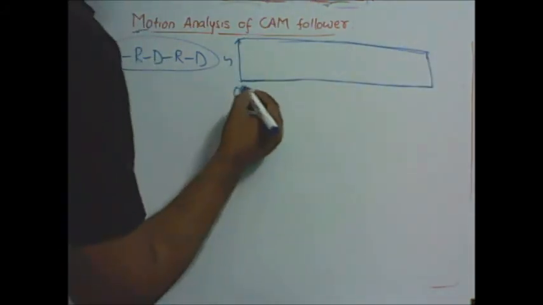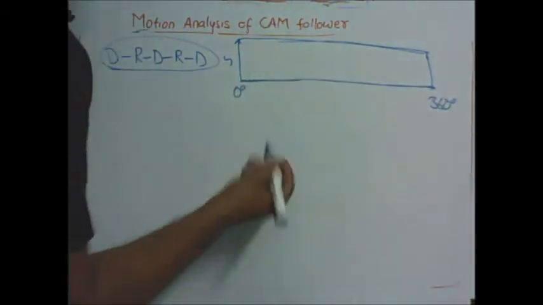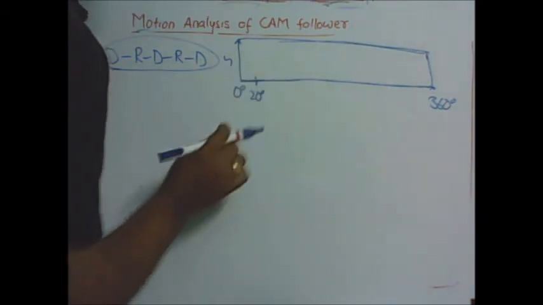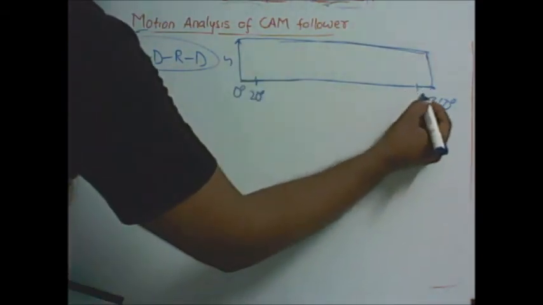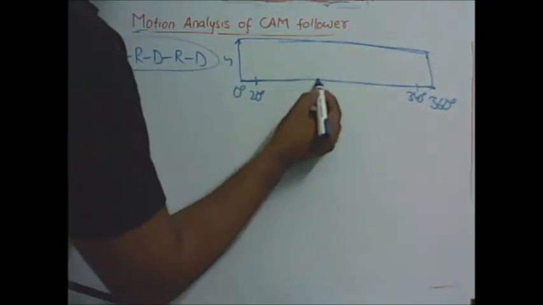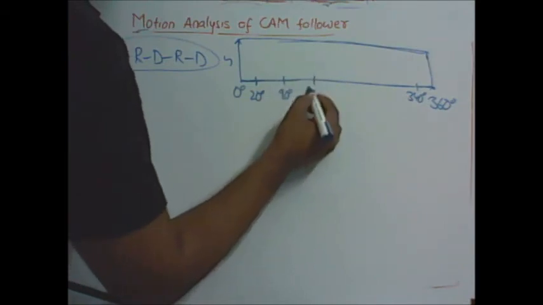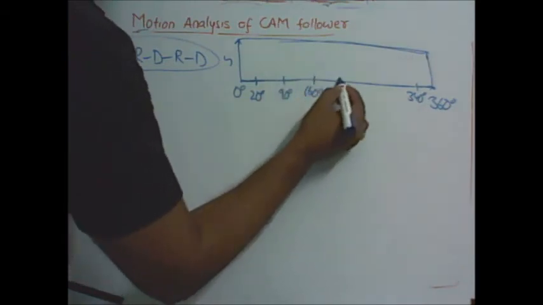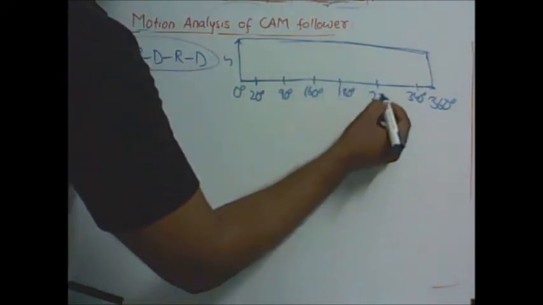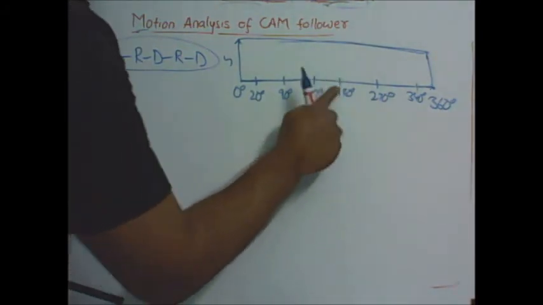It is 0 degrees to 360 degrees for one total rotation of the cam. Now say rise first up to 20 degrees it is dwell, and again at the last, 340 degrees to 360 degrees, again dwell. In between, 190 degrees there, 160 degrees there, 180 degrees there, and 270 degrees there. Now 160, sorry, it is 200 degrees.